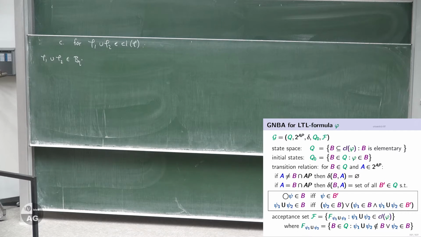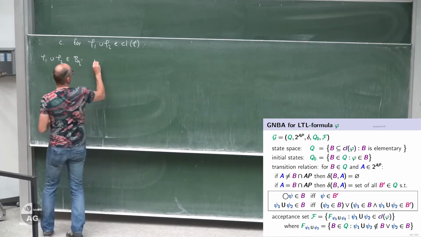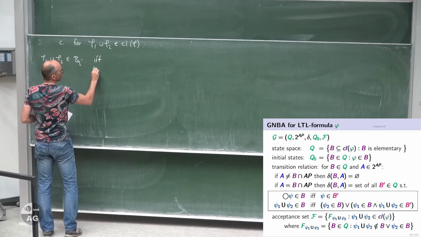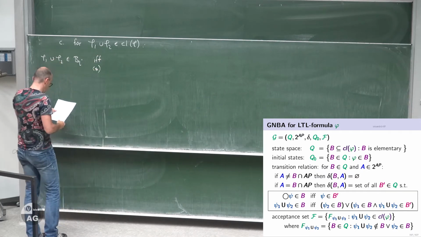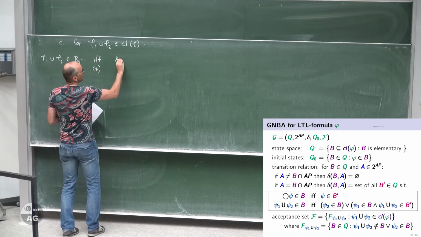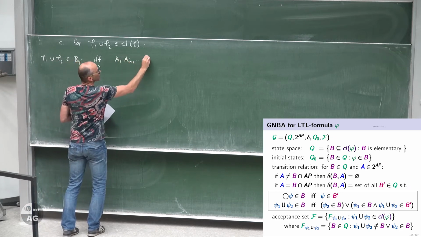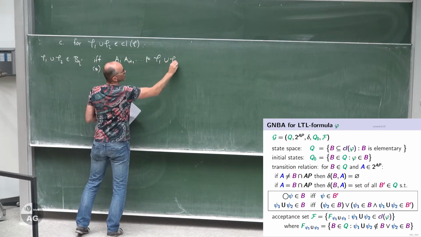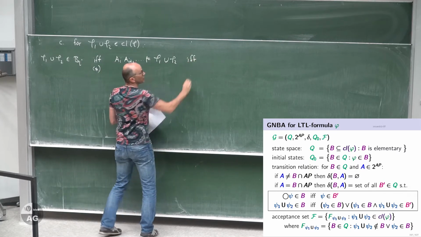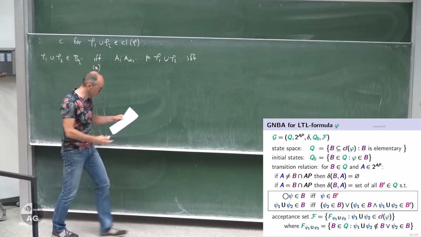Now I have to prove the right-hand side. So this means, if and only if, again by construction, so by star, it follows that Ai+1 satisfies phi1 until phi2.